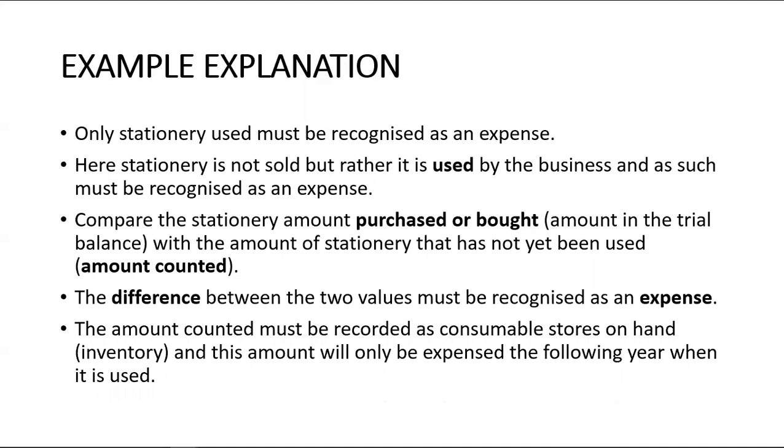And this amount will only be expensed the following year when it is used. Again, used is expense. We only expense what we have used. Whereas stationery and packing materials, what we haven't used will be recorded as consumable stores on hand under the inventory note.